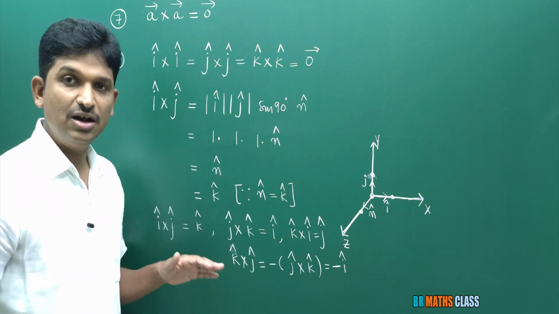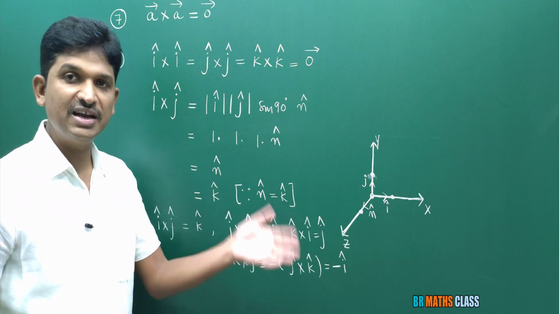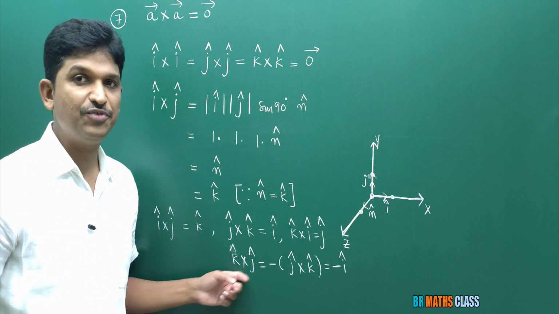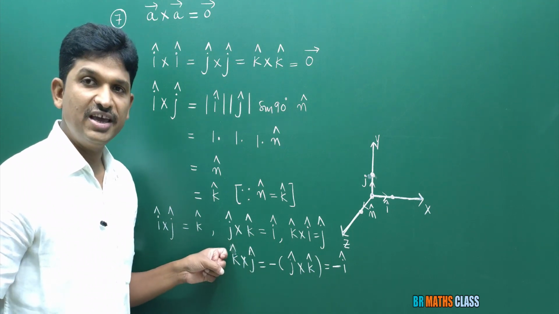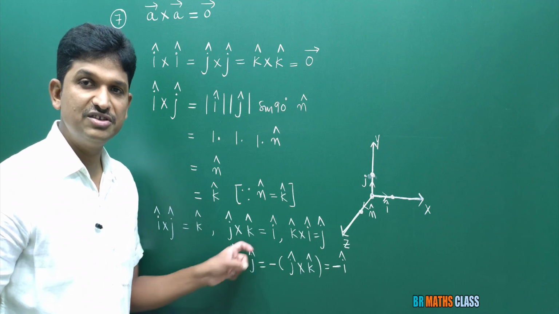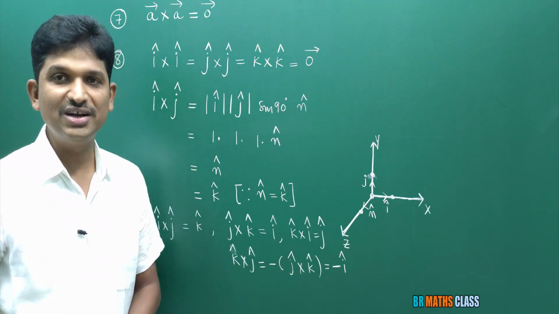If they are in cycle order like 1, 2, 2, 3, 3, 1, then we can write it very easily. If they are not following that order, then you use this formula. Suppose you see J cap cross K cap is I cap. Then K cap cross J cap is minus I cap because of this reason. I hope you understand this.